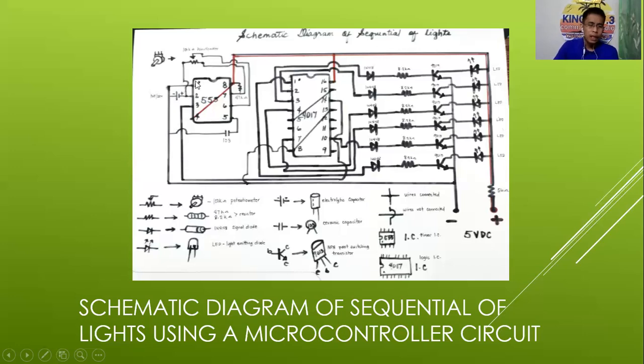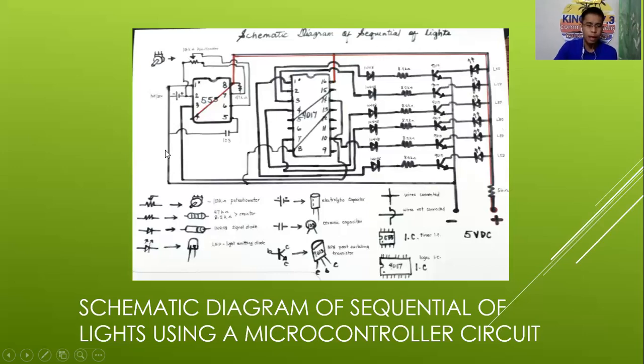And then, i-energize muna natin si 555. Then, pihitin natin yung shafting ng potentiometer, and let us see if the pulse will change. How frequent the pulse?